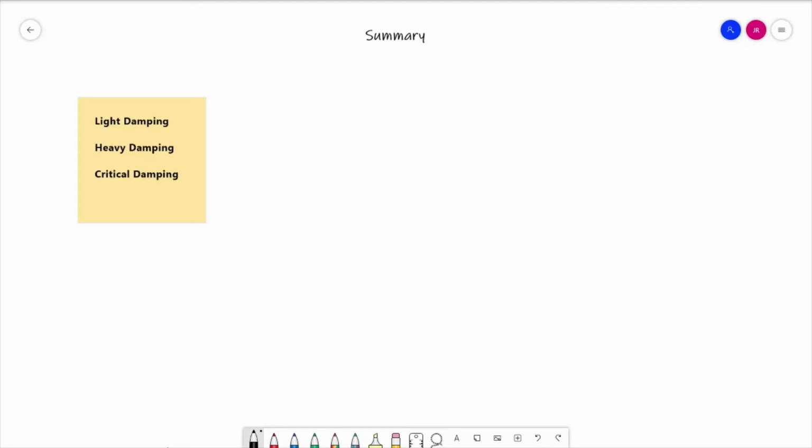So to summarise this lesson, we've looked at damping and the three different types of damping that can occur in an SHM system. Firstly, for light damping, we saw that the amplitude decays or decreases exponentially, but that the time period remains constant.